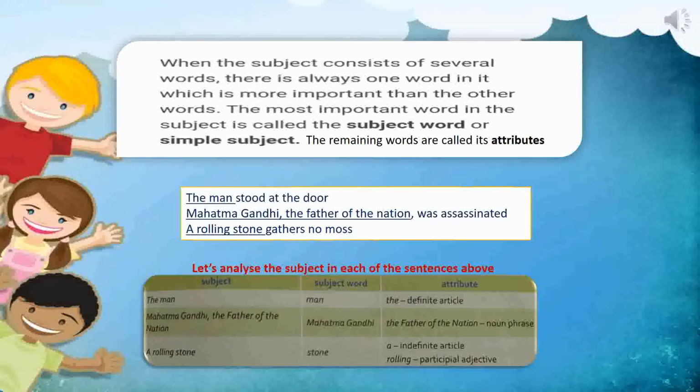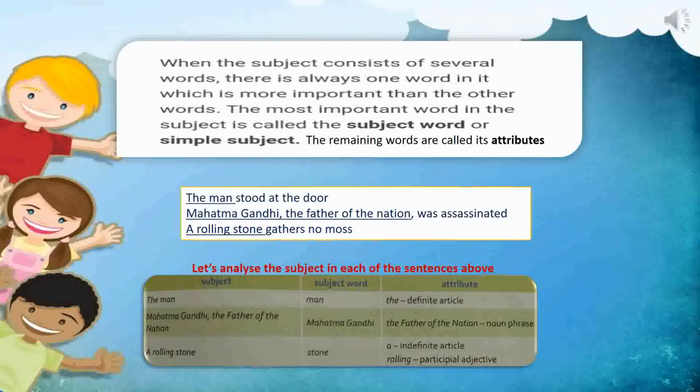Here in the first case, the man stood at the door. Here the subject, as you see underlined here, is the man. So here, man is the most important word in it. So we will take man as the subject word, and the definite article is the attribute to the subject word.